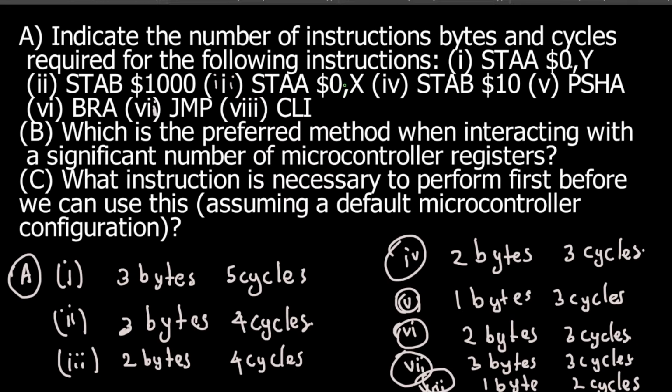Right away, if you want to store in X, you can do it like this. If you want to store in Y, you can do it like this. So when you have a large number of microcontroller registers, it's better to use the indexed addressing method. So the answer for the B part is indexed addressing.